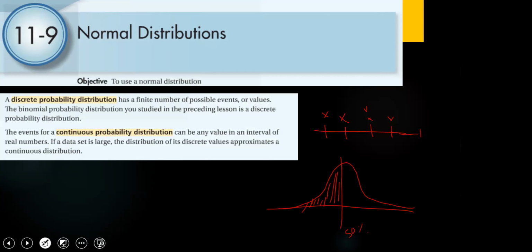You will not find the probability of a discrete value. You will find the probability of an interval. Is it clear? Okay.